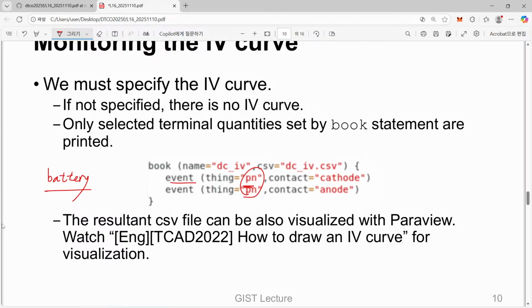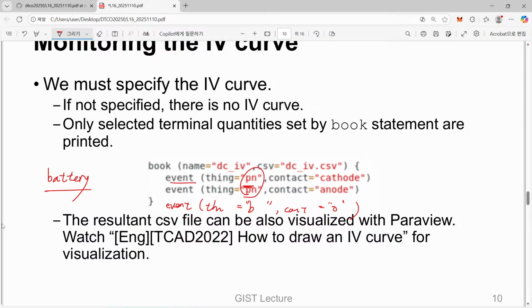But in the general sense, you can add this event with thing equal to battery and contact equal to 0. Then you will also have additional fields related to the contact 0 voltage and contact 0 current of this voltage source. You can print what you want.